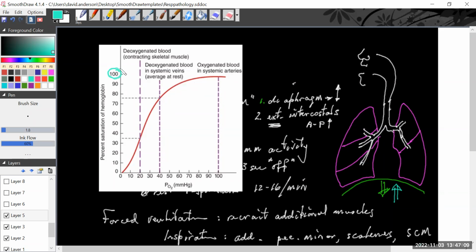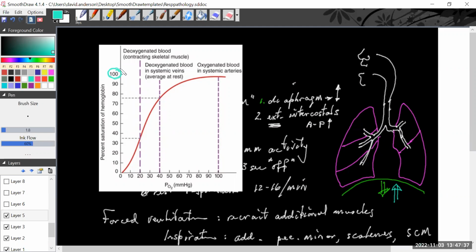It may not be quite 100%. We consider, and you know this from your labs and clinics by now, that a nice healthy arterial oxygen saturation is greater than 93. So we say 95 to 100, give or take. Whether 93, we're not going to get too concerned about that.